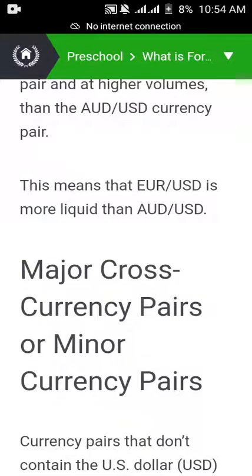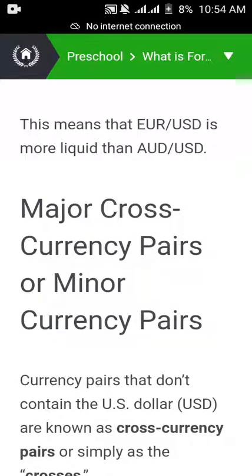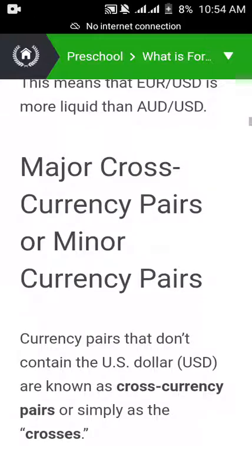This means that EUR/USD is more liquid than AUD/USD. This is true because the US economy is the biggest economy in the world compared to Australia, and the euro is next after the Great British pound.